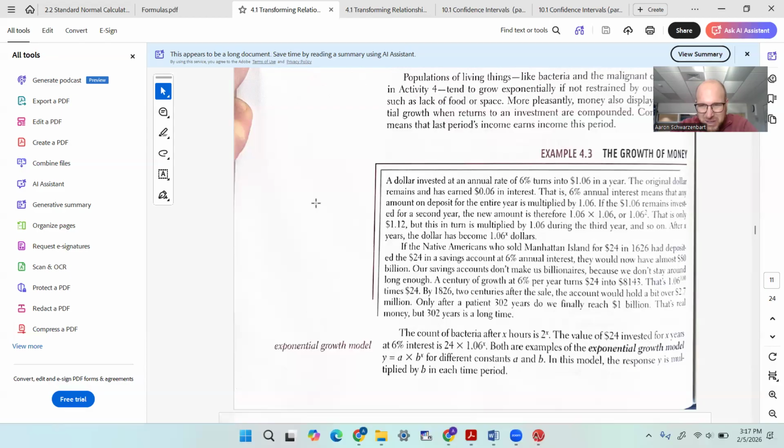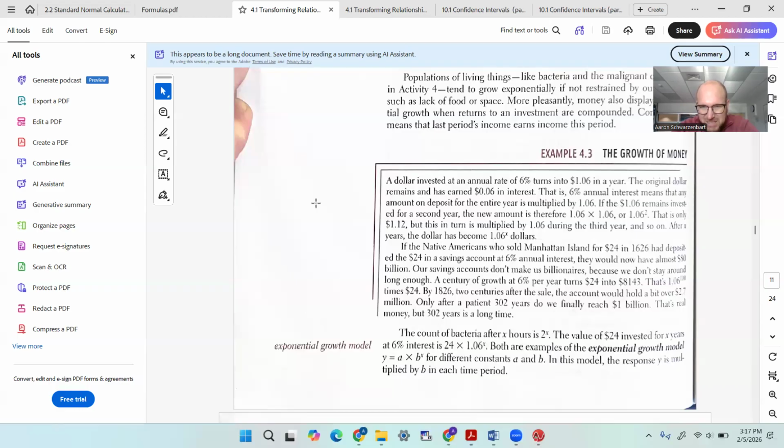Our savings accounts don't make us billionaires because we don't live long enough. $24 was also quite a good sum of money back in 1626, versus now it's like, hey, you want to pay me that for the last hour of work?